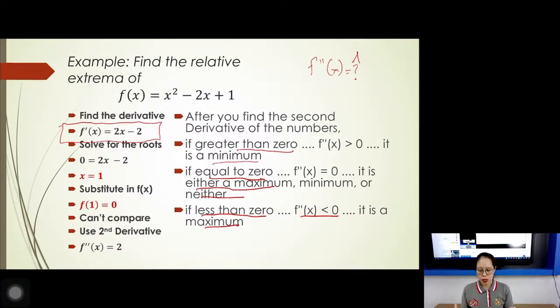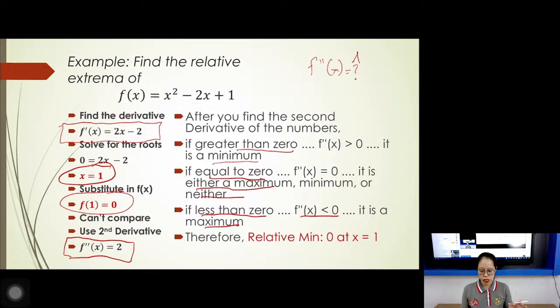Why is it opposite? Because this is already our second derivative, so for the second derivative we use the opposite. If it is greater than 0, it is min. But if it is less than 0, it is max. So let's proceed to our answer here. Our second derivative is 2. Obviously, it is greater than 0, it is positive, and therefore we will consider our answer to be minimum.